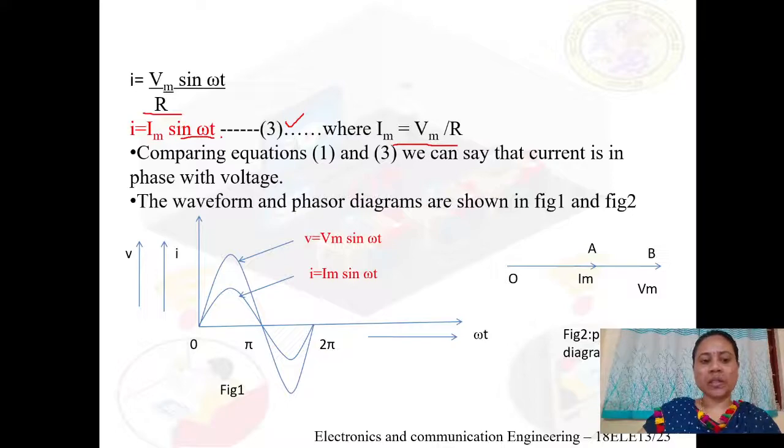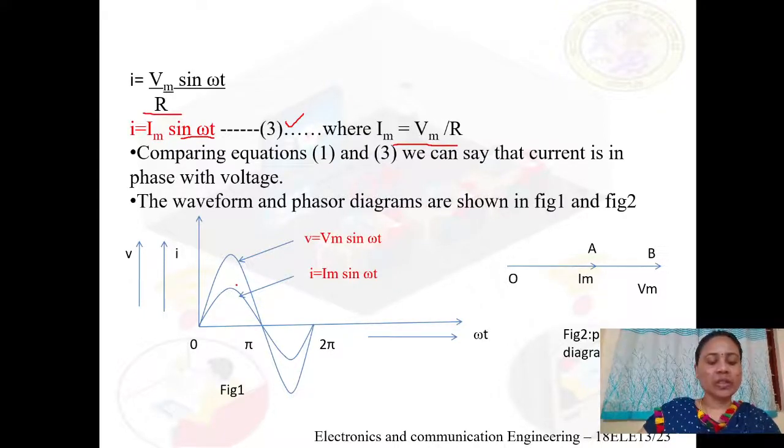In phase means the quantities, voltage and current, having the same frequency will cross the zero reference value at the same time interval, move in the same direction, and reach their maximum value at the same time interval.